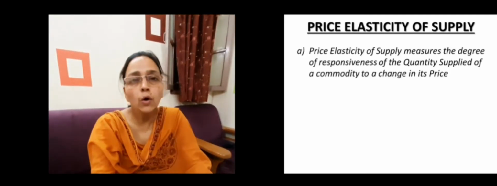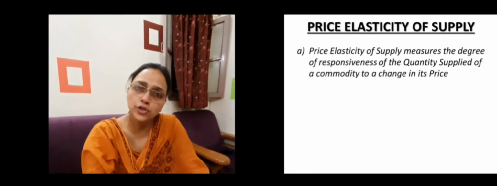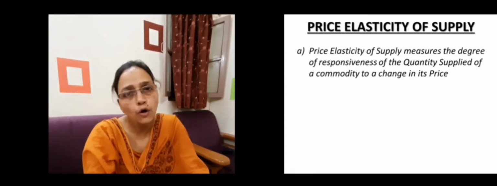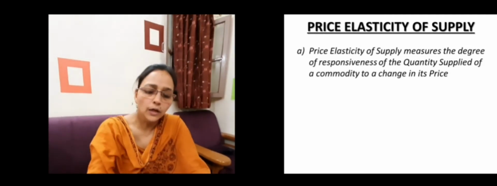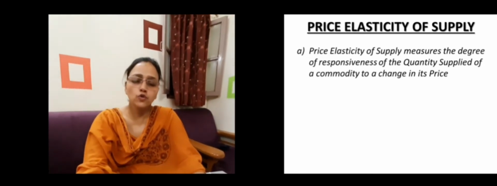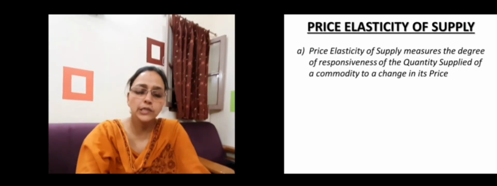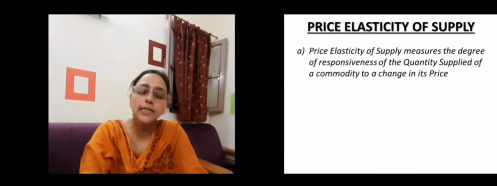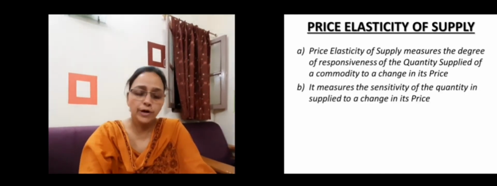So in order to find out the magnitude, we study price elasticity of supply. It measures the degree of responsiveness of the quantity supplied of a commodity to a change in its price. It measures the sensitivity of the quantity supplied to a change in price, right?